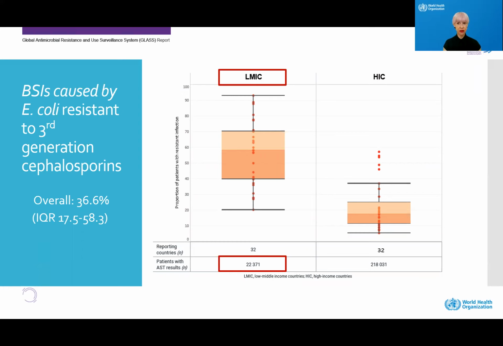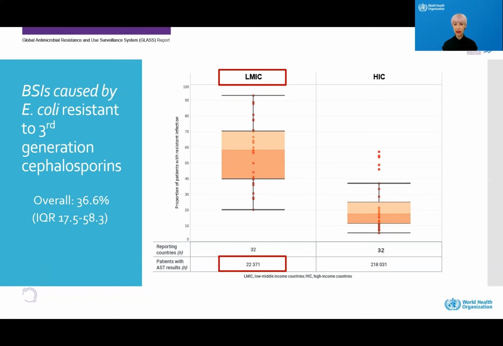Worryingly, when we stratified the data by country income level, we noticed that there is a high level of resistance in low and middle income countries. However, if you look at the bottom of this graph, we also report the number of countries submitting data for a specific indicator and the number of patients with AST result from which we extrapolate this data.